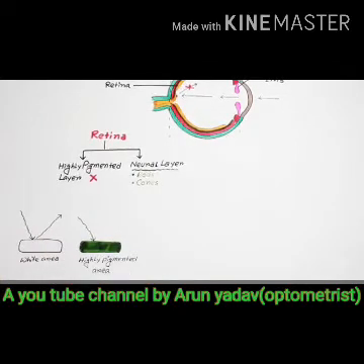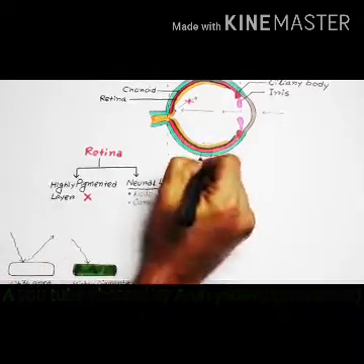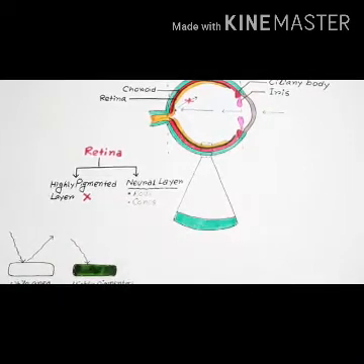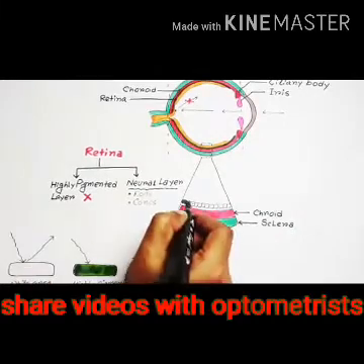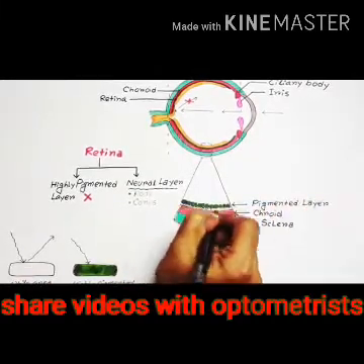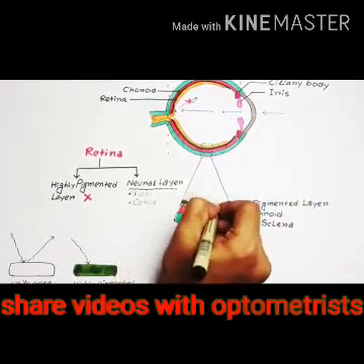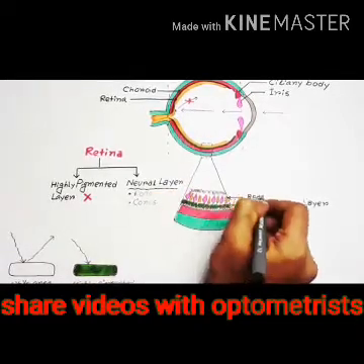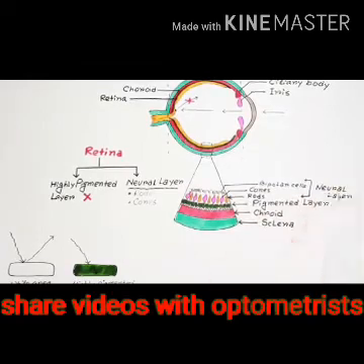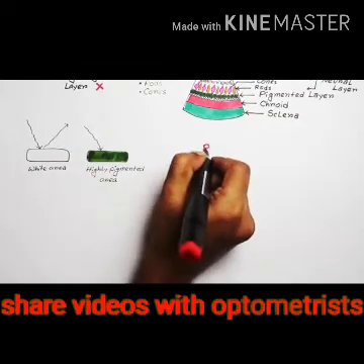That's why the inner retinal layer is highly pigmented. Let's enlarge this area. Here it is the sclera, then the choroid and this pigmented layer, and just above the pigmented layer there is the neural layer which contains rods and cones and bipolar cells, etc.